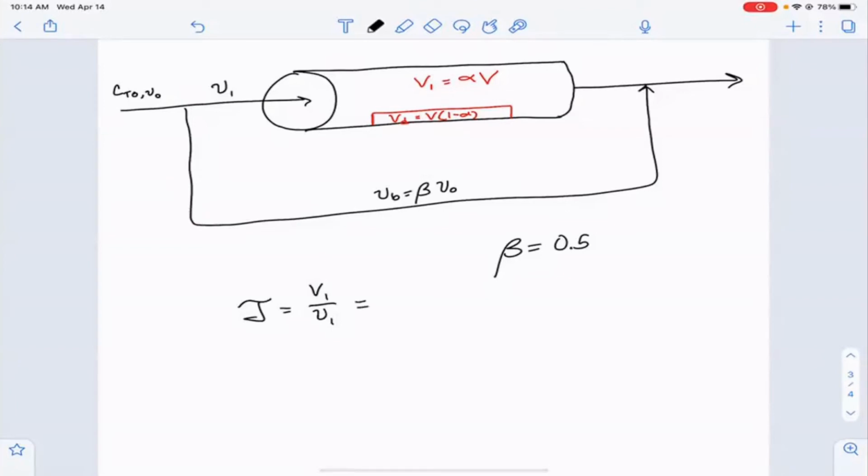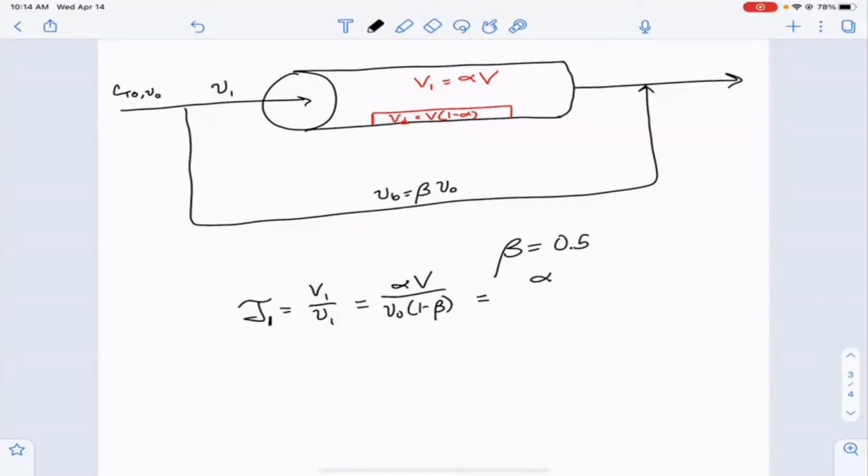Well, this is just equal to alpha times the volume divided by V0 times 1 minus beta, just like when we did this in the CSTR case. And V over V0 is just the residence time. So maybe I'll call this tau 1 to make that a little more clear.